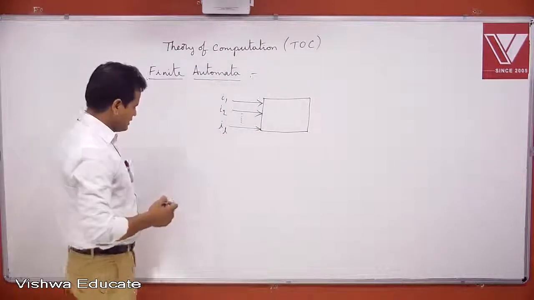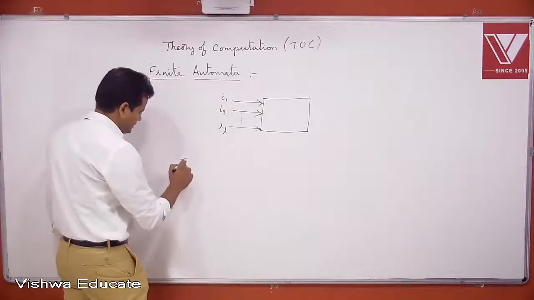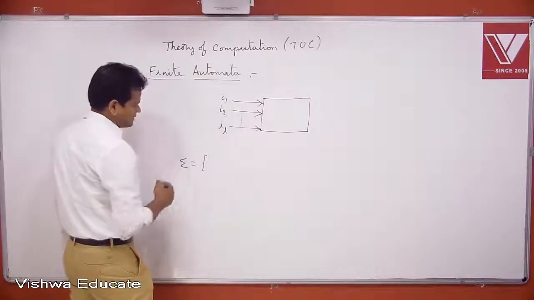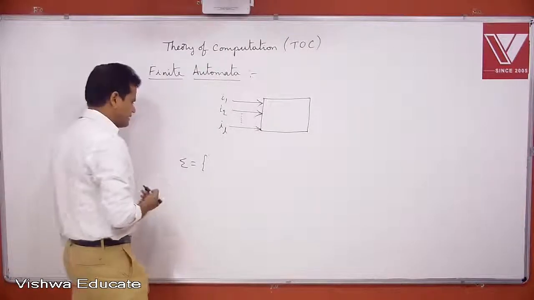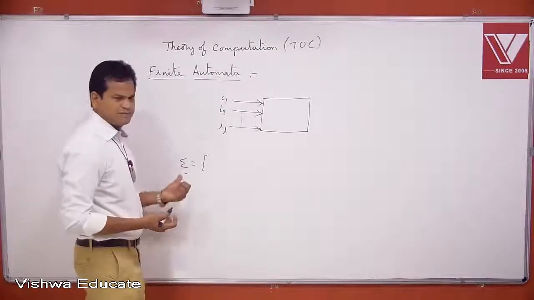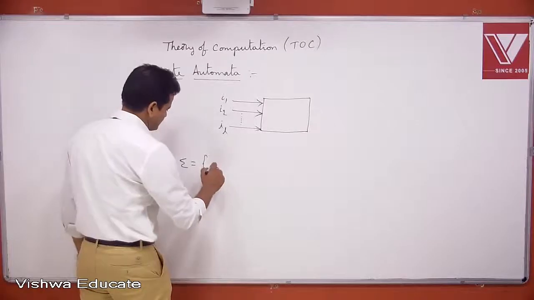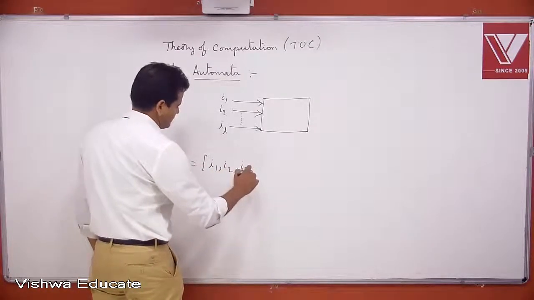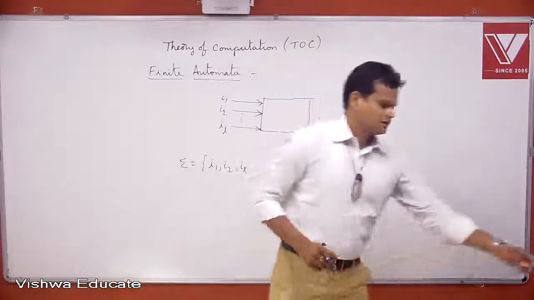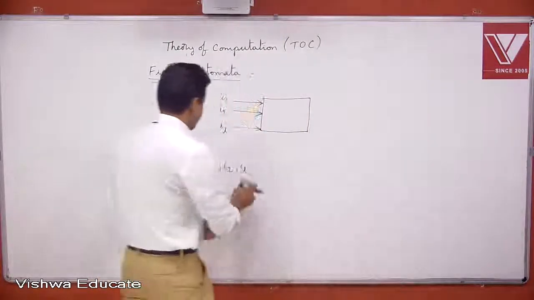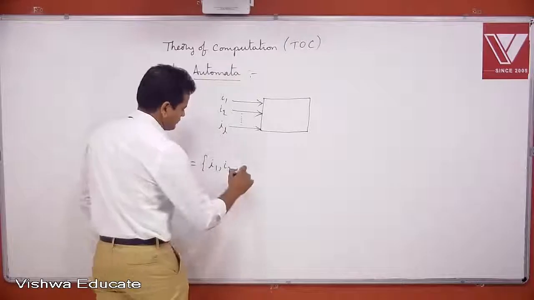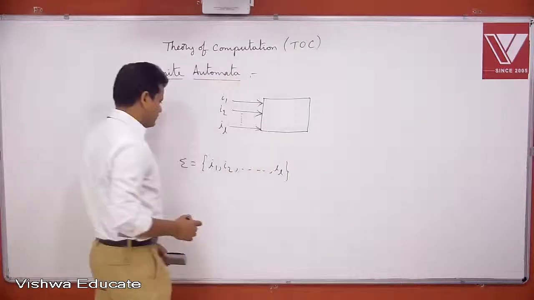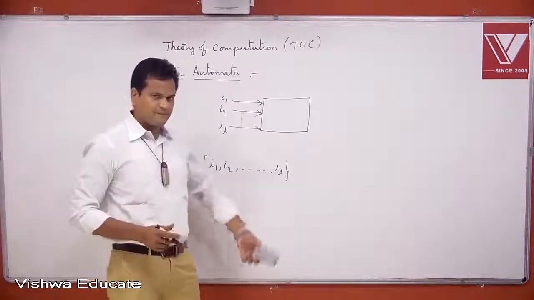Generally the inputs we represent with sigma. You can represent with any letter, but usually we represent with sigma. I1, I2, so on, IL means the number of inputs is 1 to L.